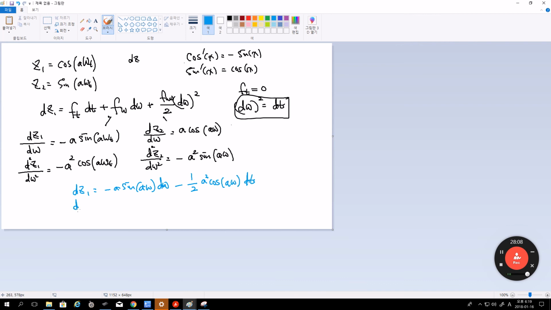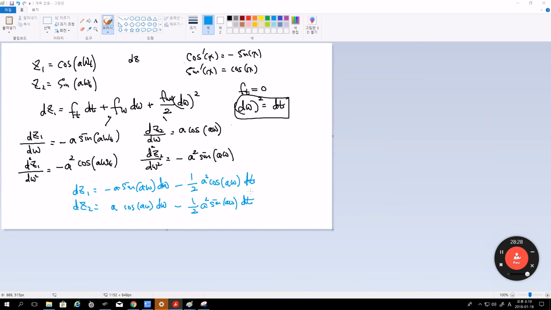And then dz2, we have this one, so a cosine aw dw and minus half of a square sine aw, because we have dw square, so it is dt.